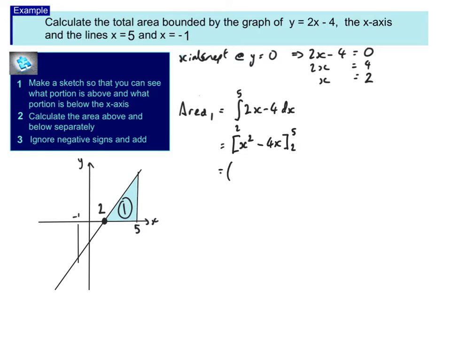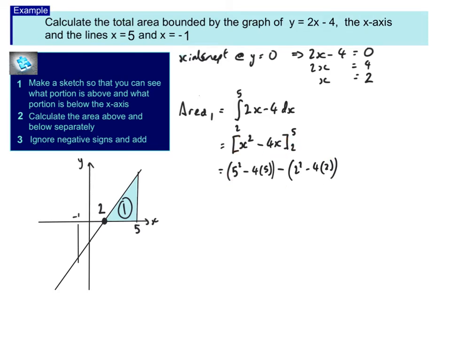Substitution, I'm going to plug in 5 first. So 5 squared minus 4 lots of 5, subtract 2 squared minus 4 lots of 2. So this bit here is me substituting the 5 into my integral. This bit here is me substituting the 2 into my integral.